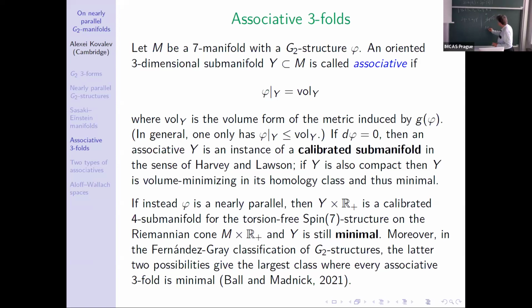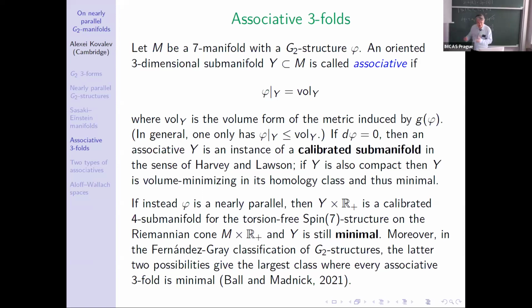The latter are given by the equations d phi is 0 and d star phi is 0. So in this last case, of course, they are minimal because they are calibrated. Here they are minimal but not calibrated. Okay, so that's the significance of this special class of 7-dimensional manifolds.